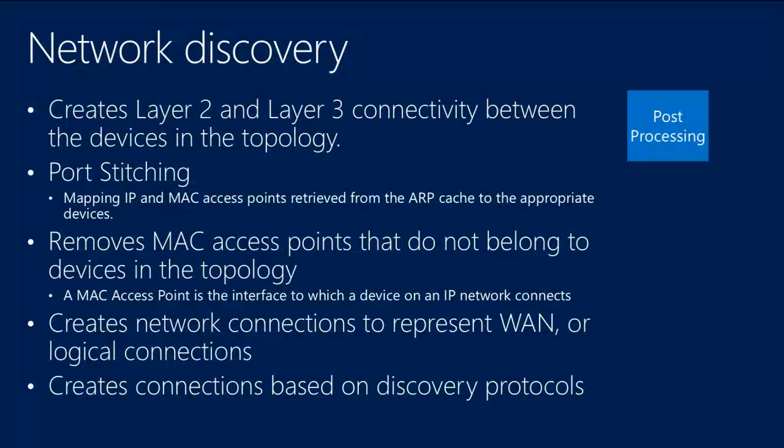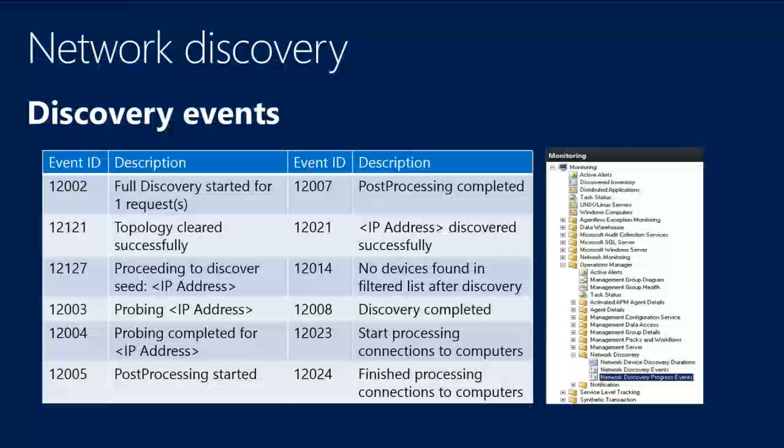It removes MAC access points that do not belong to devices in the topology, and creates network connections to represent the wide area network and other connections based on the discovery protocol. So it's a post-processing phase where we apply all this logic to build a bigger map showing how the network is actually configured.